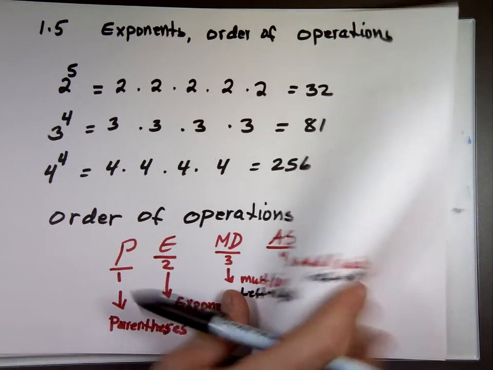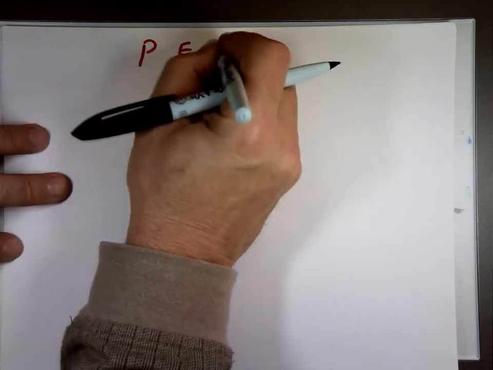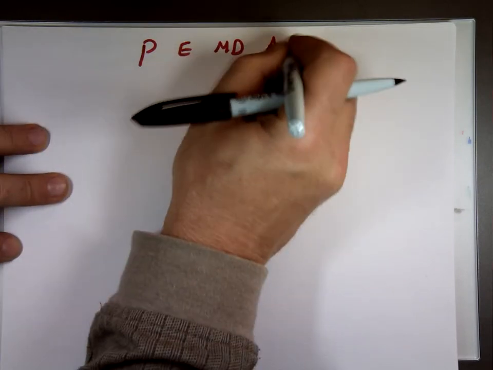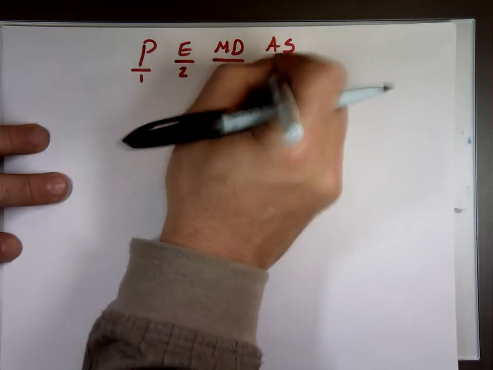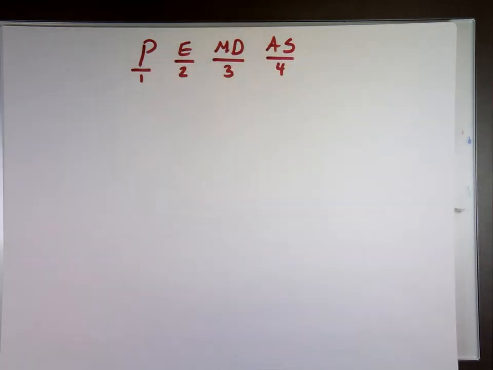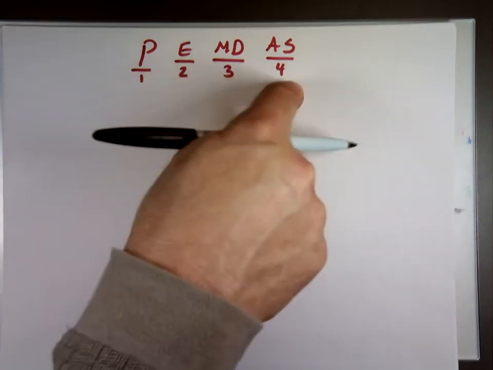I'm going to write PEMDAS on top of the page as a reminder to know which one is first. And I'm going to number them. 1, 2, 3, 4. That's the sequence of order. You do this one first, second, third, and fourth.